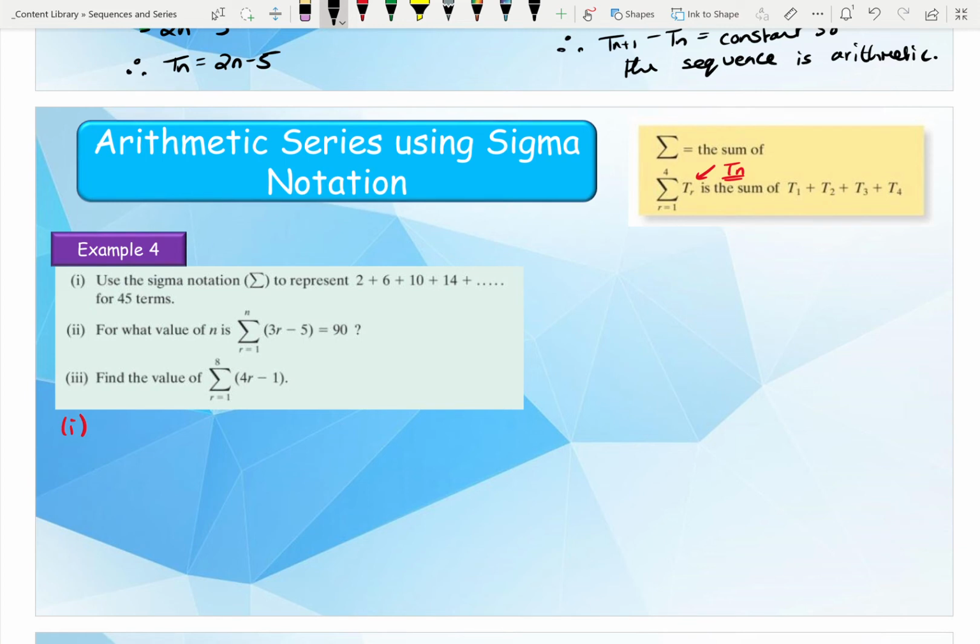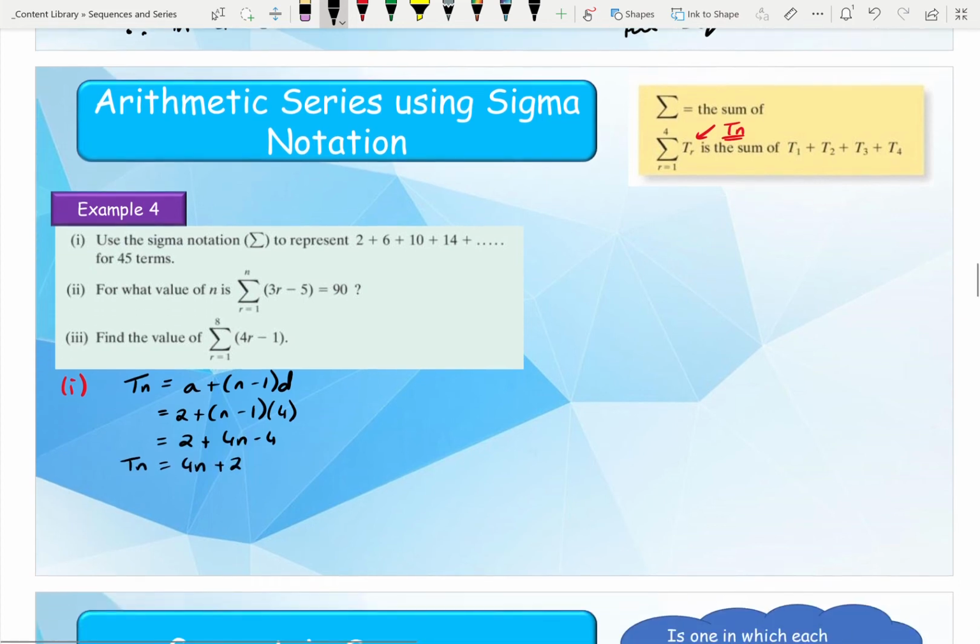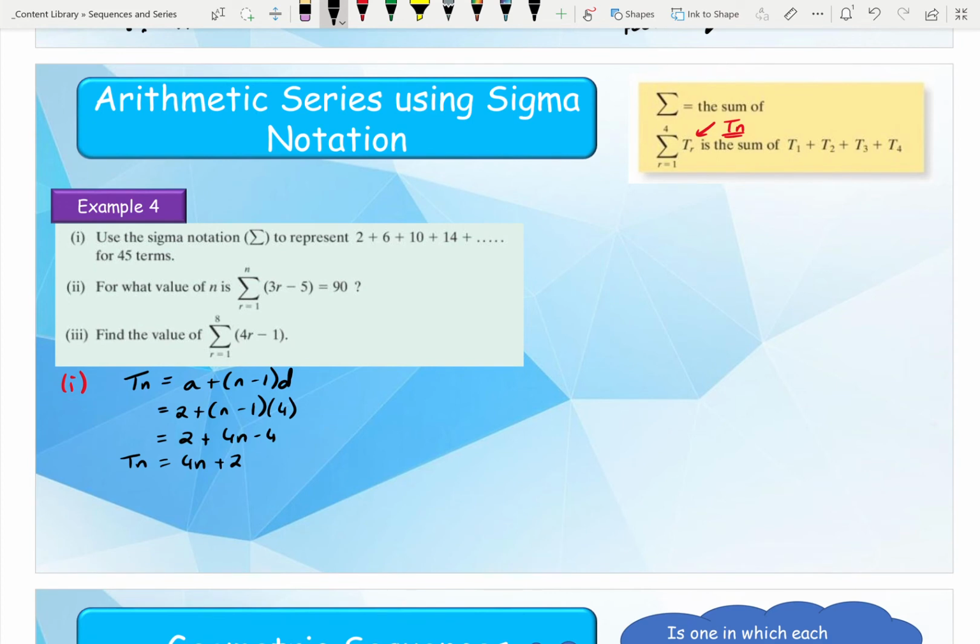is tn. So this actually brings me back to using my tn formula with my series here. So my first term is 2 plus n minus 1 times, it's going up by 4. And I multiply it out, which gives me 4n minus 4. So I get 4n minus 2 is tn. But to use sigma notation, we don't use n, we usually use r.